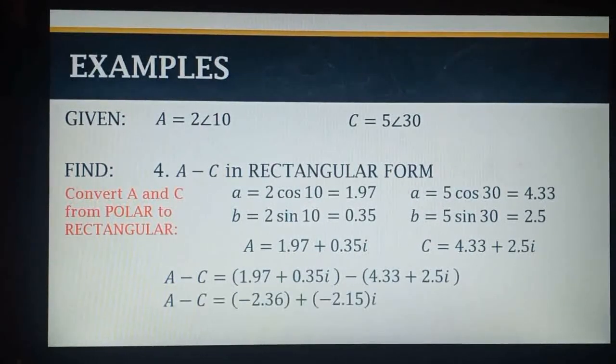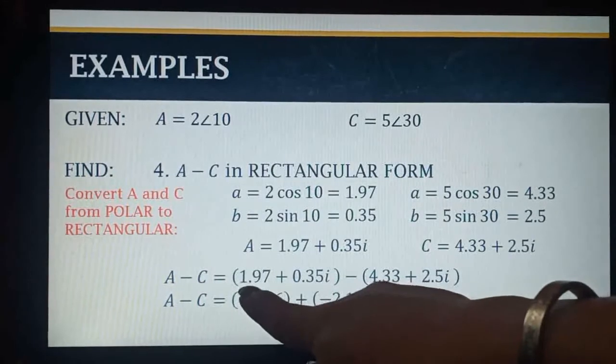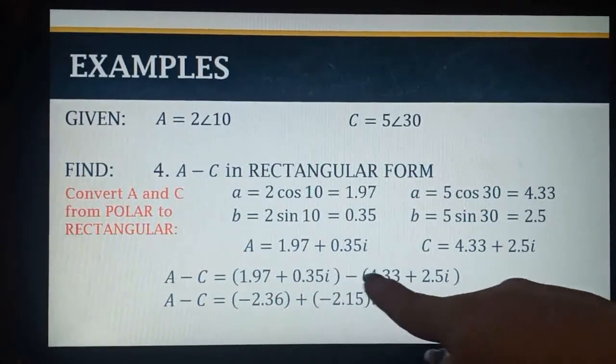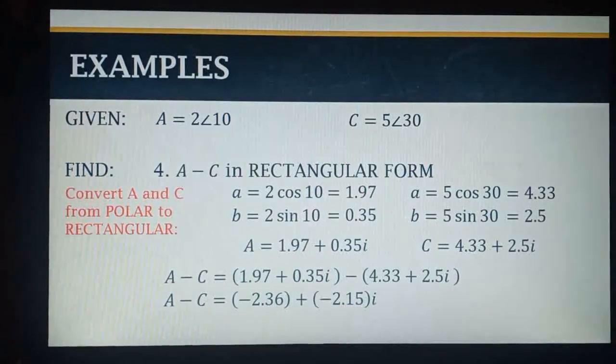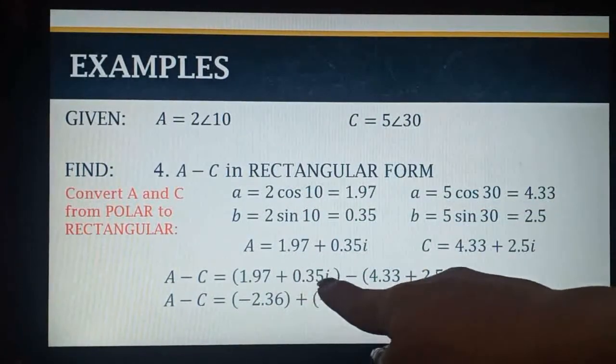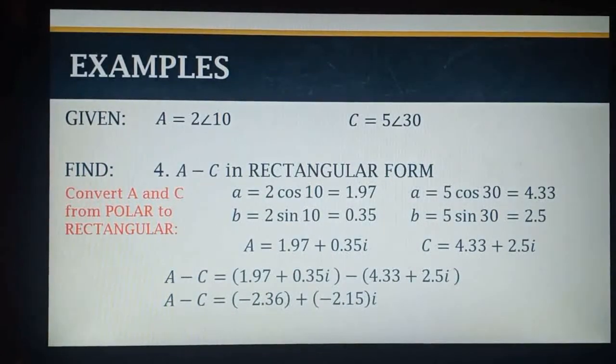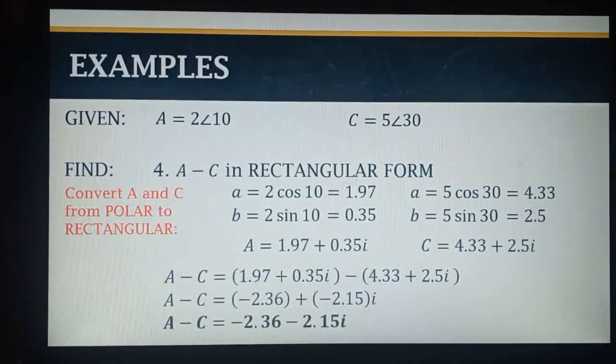You will now have 1.97 minus 4.33, that is negative 2.36. Then 0.35 minus 2.5, that is negative 2.15i. So therefore, A minus C is equal to negative 2.36 minus 2.15i.